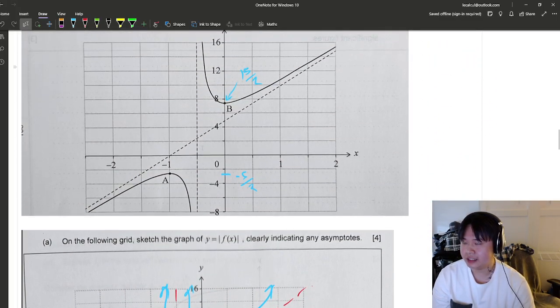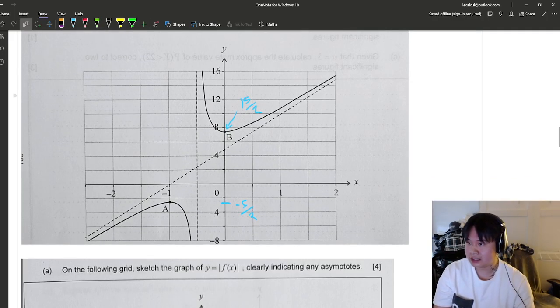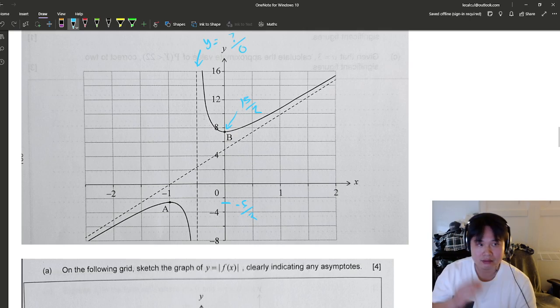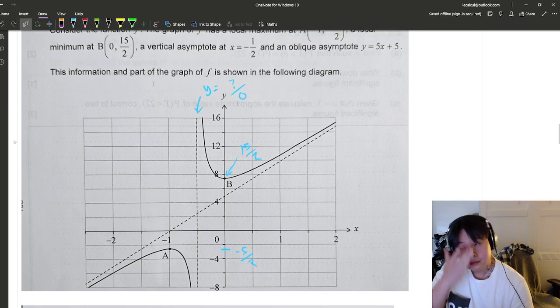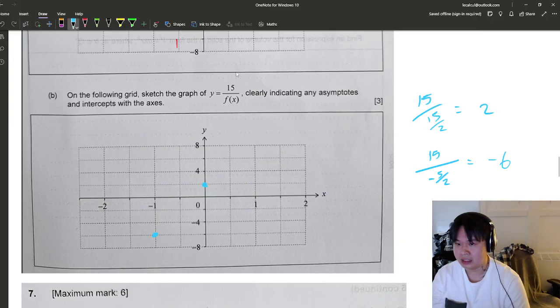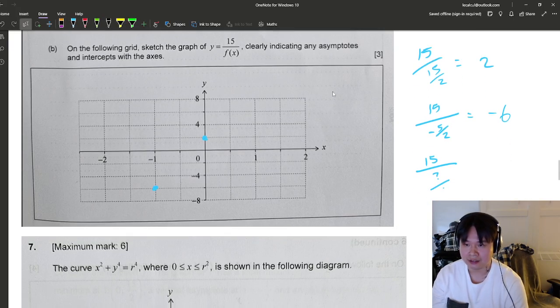Okay. Then we have our third coordinate, which is where the original vertical asymptote was. Vertical asymptotes happen because there's a division by 0 here. So your y value is like something divided by 0 here. So if we were to take the reciprocal at the asymptote, 15 divided by something divided by 0, this becomes 15 times 0 divided by something.